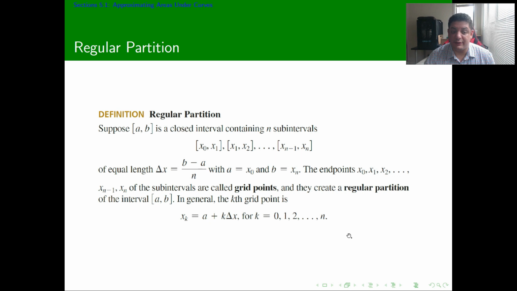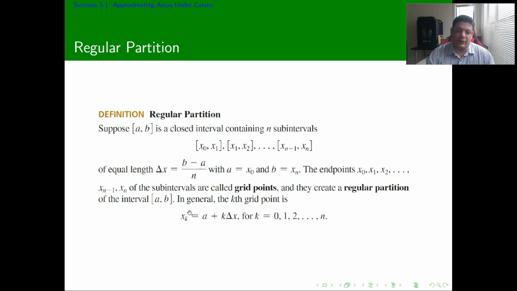Once we have that notion, then we can define what it is. And it turns out that this is going to be called a regular partition. So in an interval a, b, if I take this division into smaller subintervals where they have equal length, delta x equals b minus a over n, and the starting point and end point are the initial and end point of the sequence, then those points are going to be called grid points, and they're going to create something that is called a regular partition.